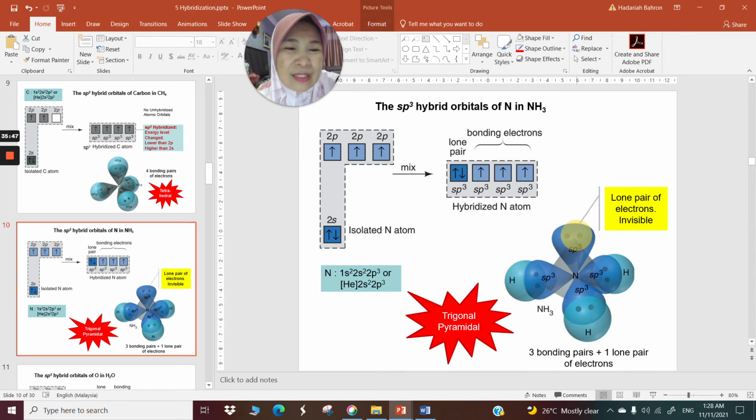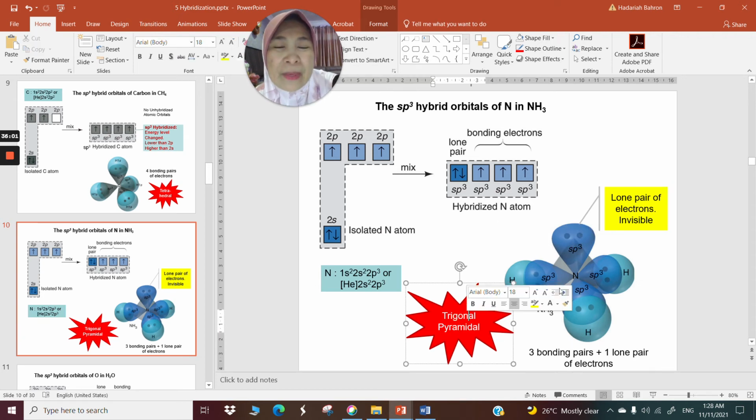So if you imagine that this is invisible, what you get is actually a tetrahedron that doesn't have the summit at the top here. So it is actually trigonal pyramidal.